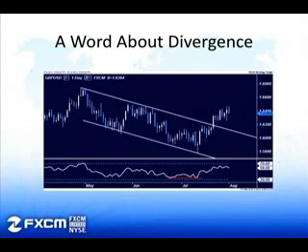MACD works just as well. Stochastics works just as well, because ultimately you're not looking for the indicator to actually indicate anything.